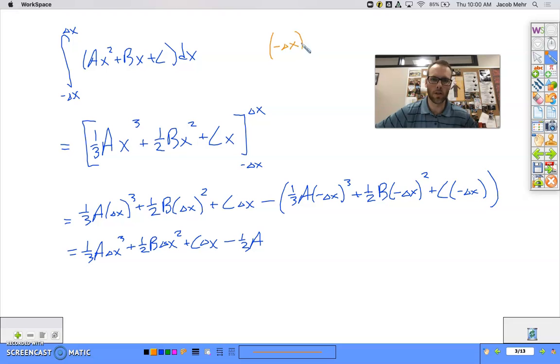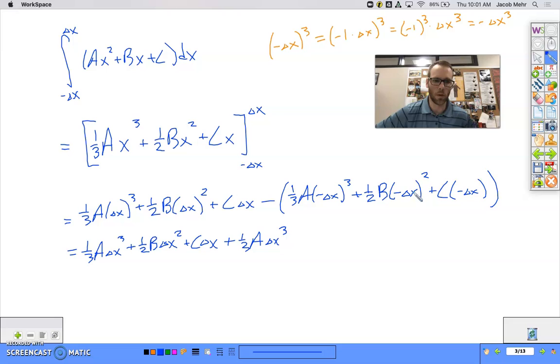Well, (-Δx)³ is the same as (-1)³ times Δx³. (-1)³ is -1, so this is negative Δx³, right? We've done that kind of work before, a lot of it in pre-calc, understanding even and odd functions, what happens when you substitute a negative in. So this becomes a negative Δx³, and that negative is going to make the negative in front into a positive. So we have a positive Δx³.